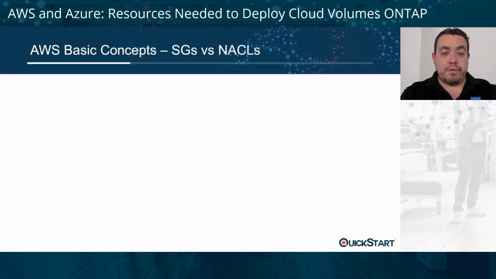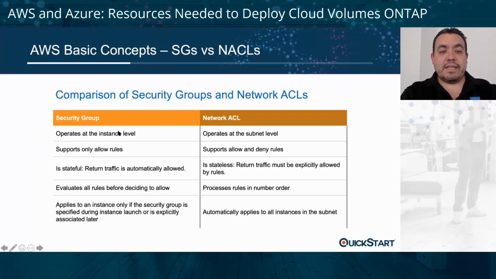And if we compare them both real quick here, you can see that the security group operates at the instance level, again, like CVO or let's say Cloud Manager. And the network ACL operates at the subnet level. The security group supports only allow rules, and the network ACL supports allow and deny rules, okay? And the security group is stateful, and the network ACL is going to be stateless.